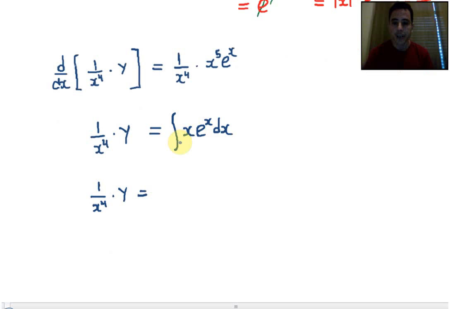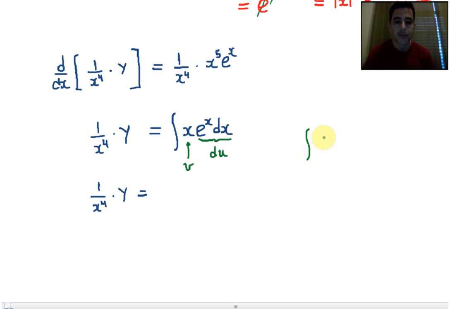So let me rewrite this integral here as e to the x times x. I can call this my du, and this is my v. I don't know if you remember integration by parts. It comes from the derivative of a product.